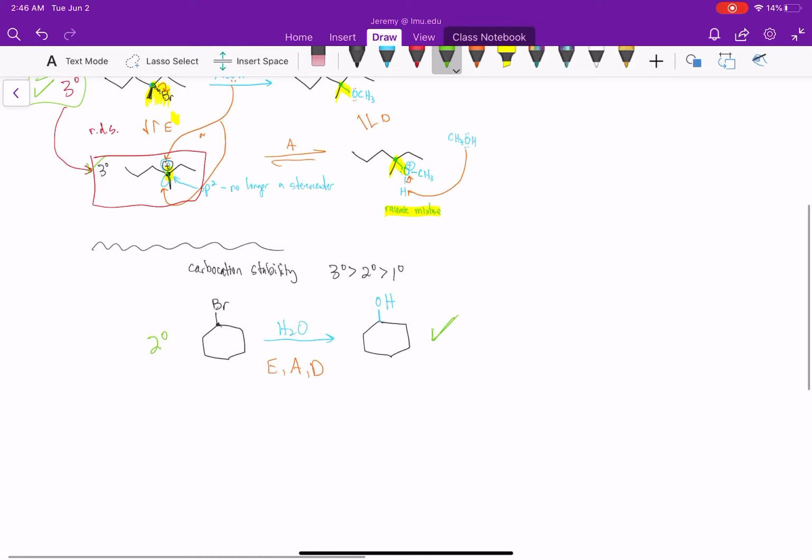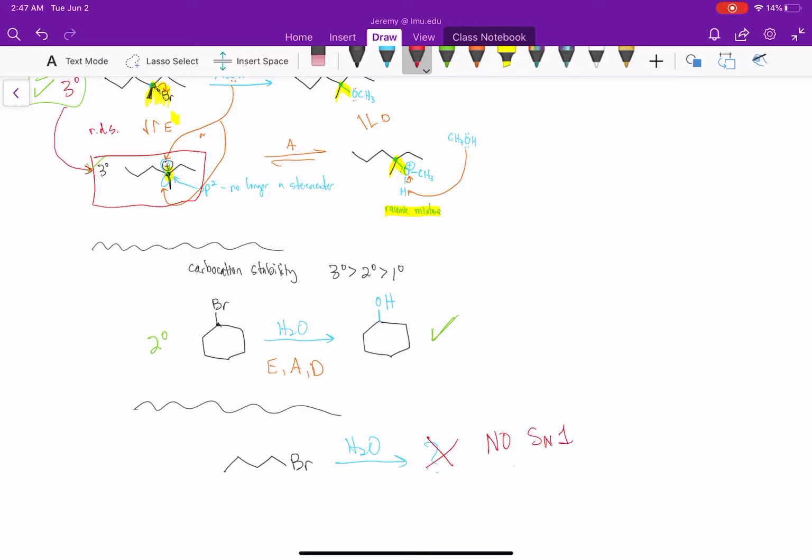But what if we have a primary? What if we have something like this? Will this reaction undergo an SN1 reaction? And the answer is no. Why is that?